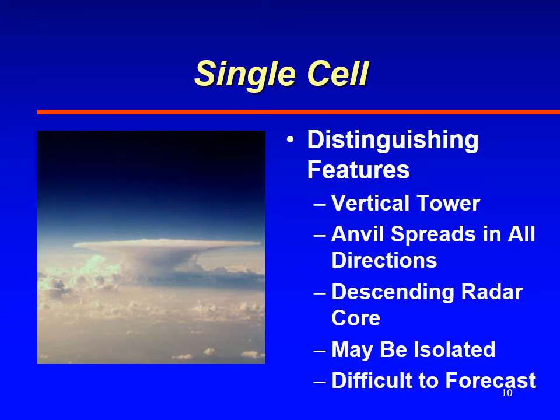If you get radar data from ground-based weather radars like the WSR-88D, you can actually construct that and look at it over a period of time as the radar core in the center of the storm, the precipitation, falls. In the next few slides, that's what we're going to do. These storms may be isolated, but usually they're not. Once the downdraft hits the ground, it sets off other thunderstorms. It acts as a trigger for other thunderstorms.